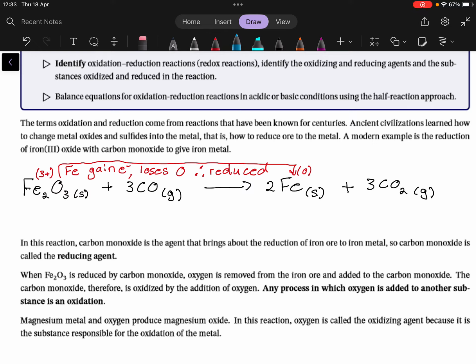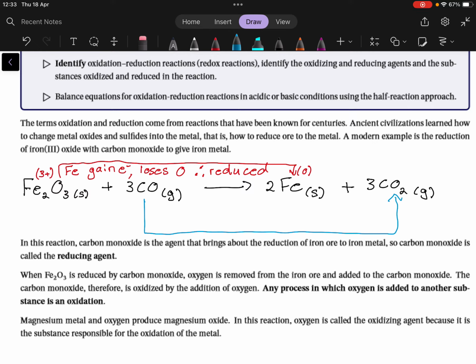But if something is reduced, something else must be oxidized. So the only other thing that can undergo that is the carbon monoxide, and you actually see it goes from carbon monoxide to carbon dioxide. So it gains oxygen.